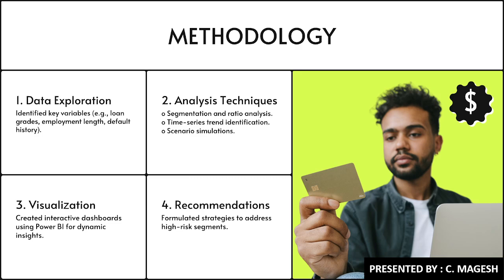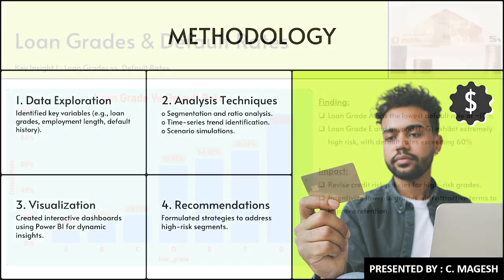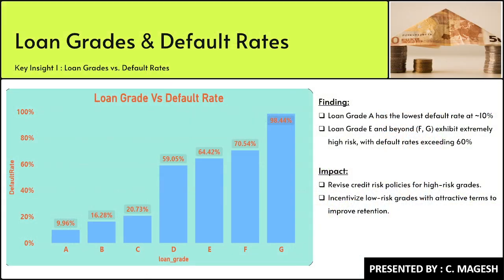Advanced segmentation and ratio analysis were applied, and interactive dashboards were built using Power BI. Next comes the insights and recommendations using visualization. The focus was on presenting findings that add value to risk management strategies.